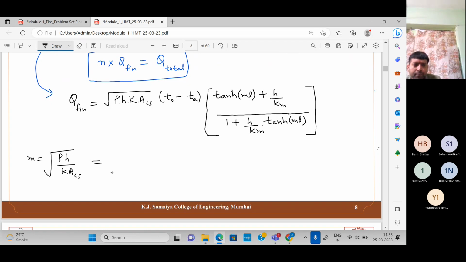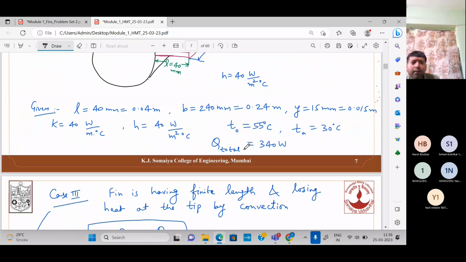P is 2 times of (B plus Y), into h divided by k into B into Y. K into B into Y. Put the values: 2 times of B. What was the value of B? B is 0.24 and Y is 0.015.